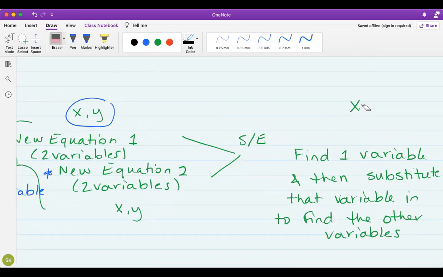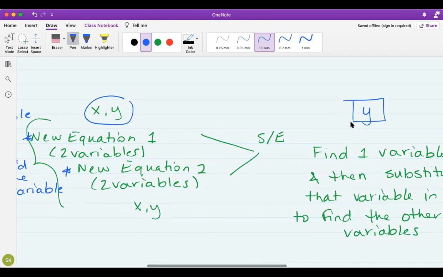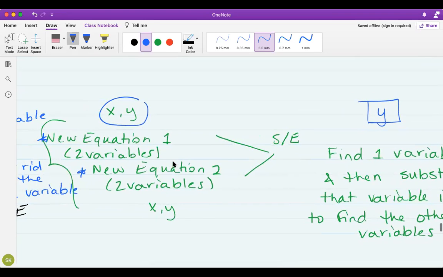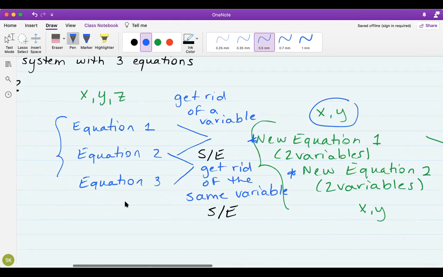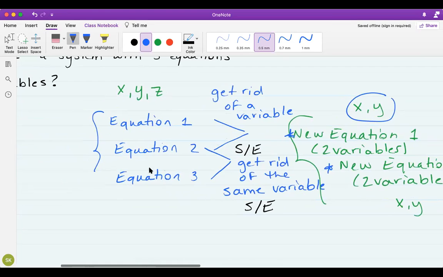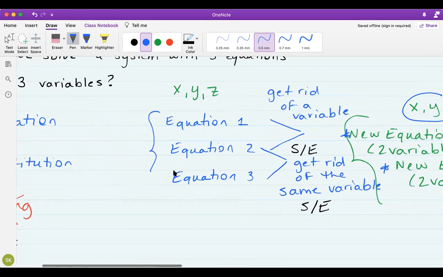Now what we can do is take that y value and choose either one of these equations to solve for x. Plug that value in, solve for x, and then when we do that, we'll have x and y, and we can choose any one of these to find z, except for the third one, because in our particular example, that didn't have z.